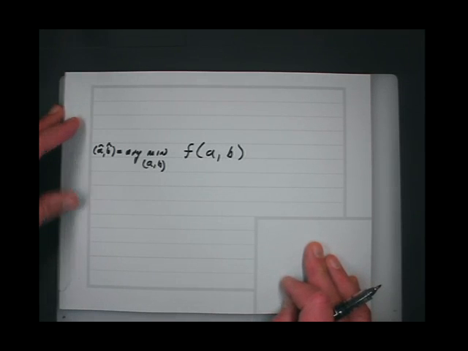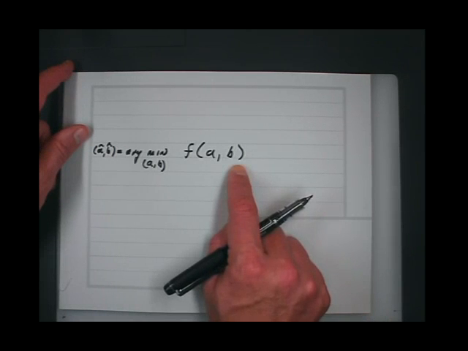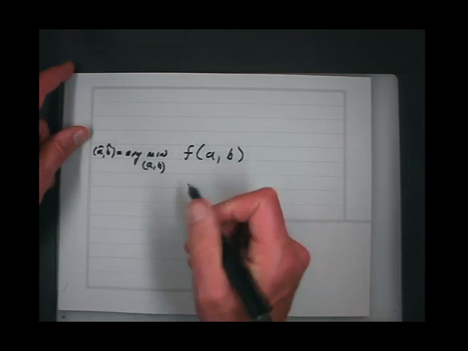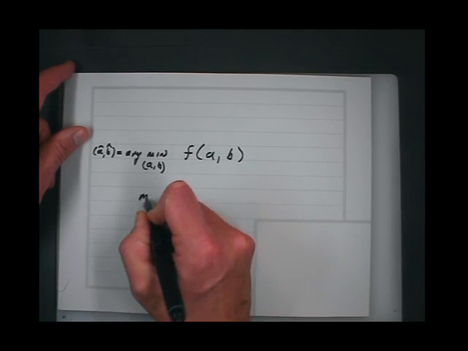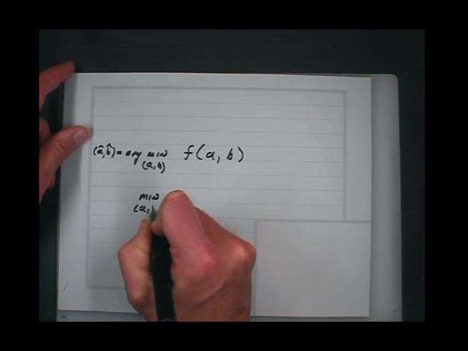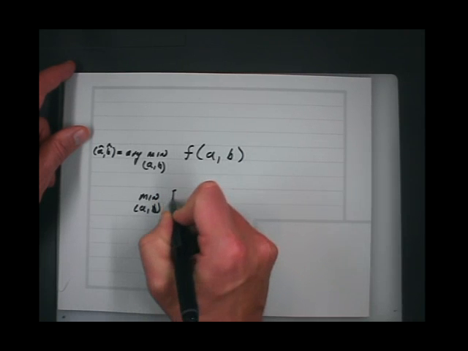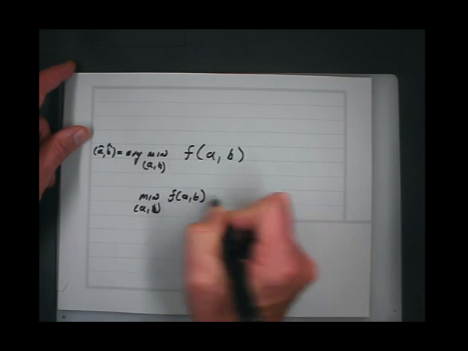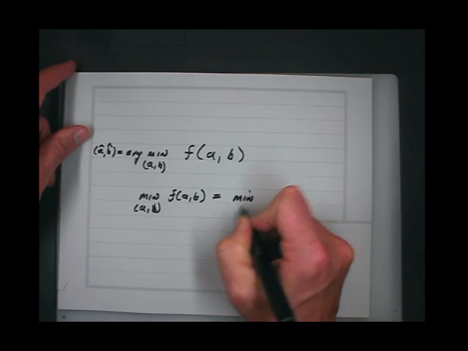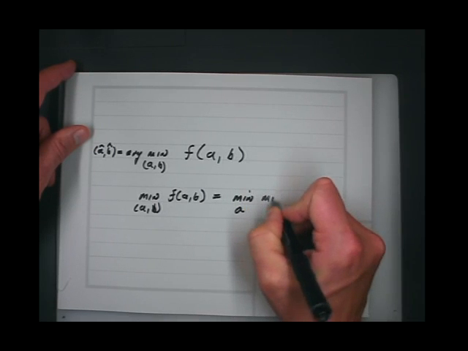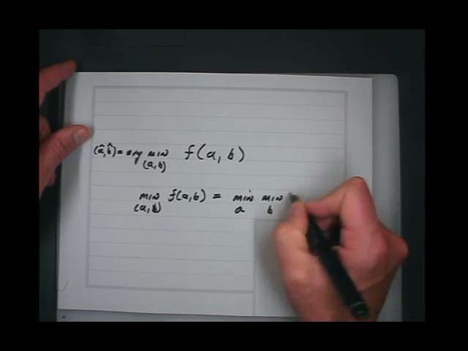If you want to solve this problem, there are a lot of ways you can solve it. First of all, if you minimize something with respect to A and B together, that's the same thing as minimizing with respect to A and then minimizing with respect to B.